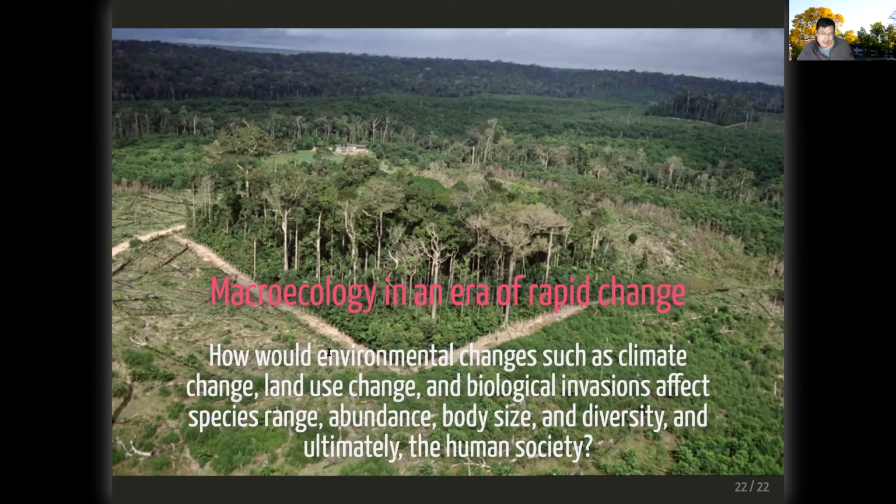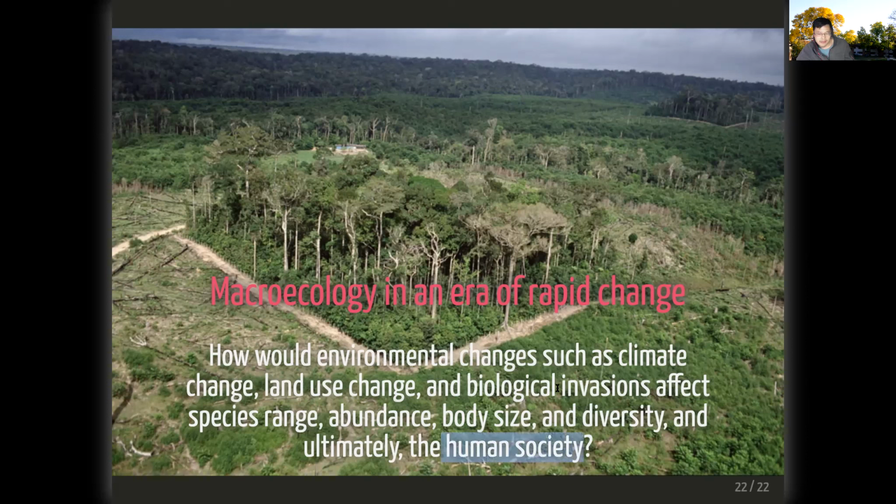And not just land use change, but biological invasions can also potentially affect species range size. We talked about that in, I think, the lecture on disease. The invasion of viruses or pathogens can potentially wipe species out of the range they occupy, so that will reduce their species range size. And this is going to affect human society ultimately.